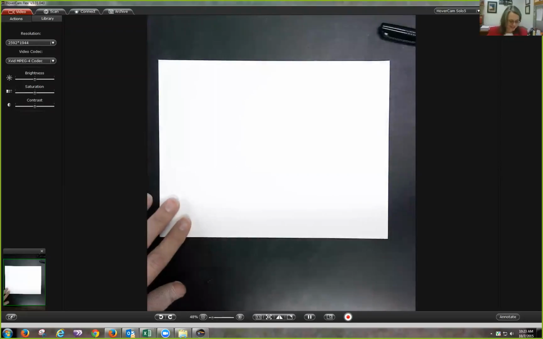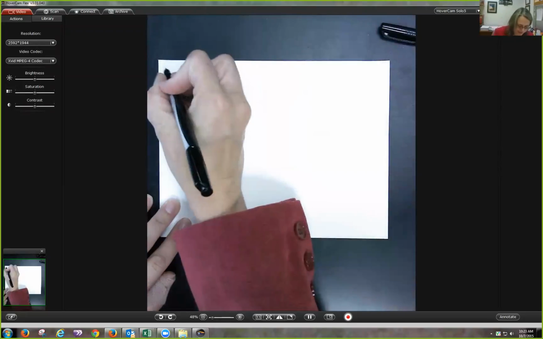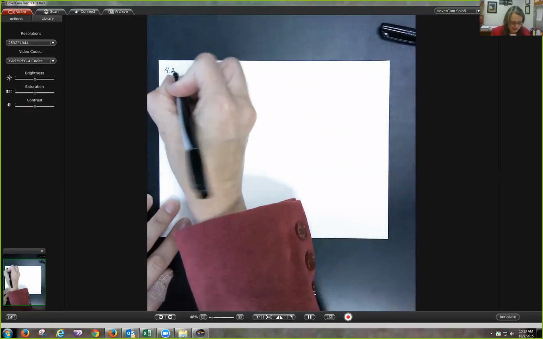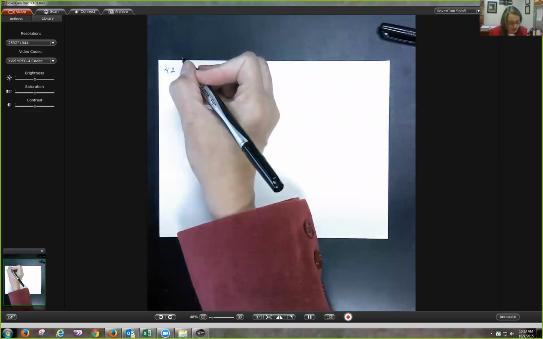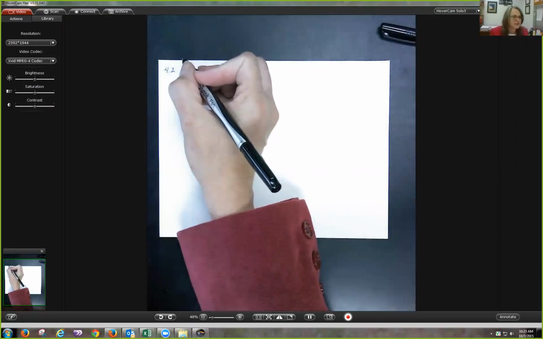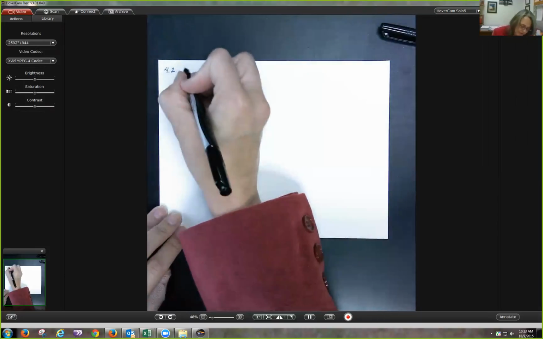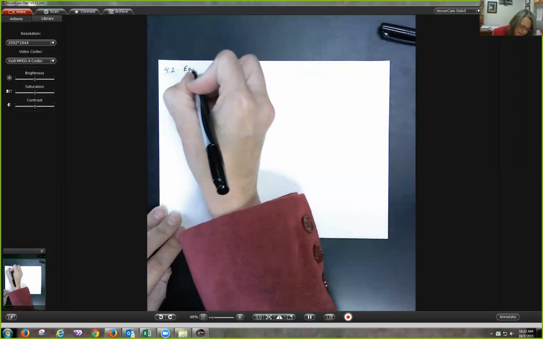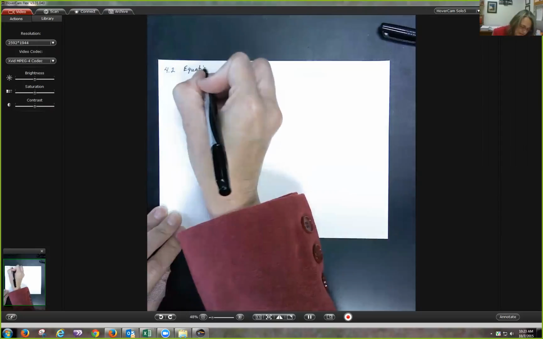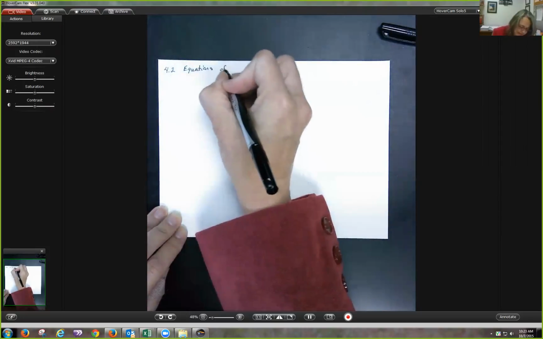Now let's go ahead and talk about section 4.2. And this is about linear functions and equations of lines. I'm going to focus primarily on equations of lines.